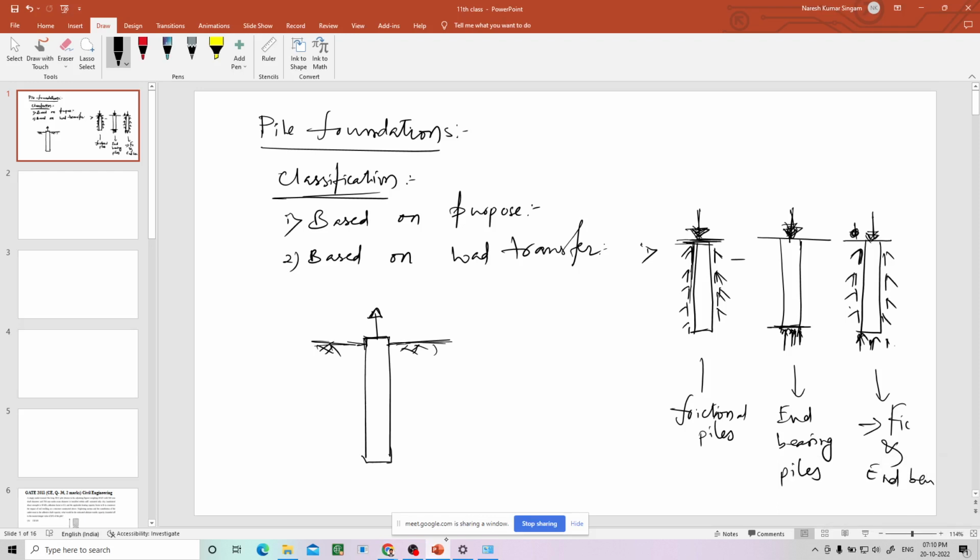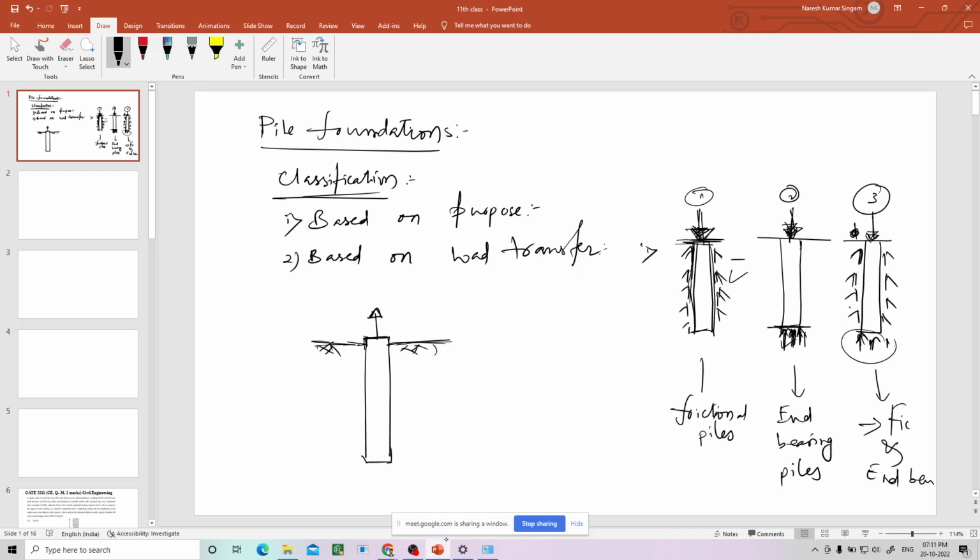See, there is a pile here. You are applying load in the downward direction. Then the resistance will develop all around the pile surface as well as at the bottom, at both end and surface. It can develop at only the surface, or only end bearing, or both, and that resistance acts in the upward direction, because the load is downward.